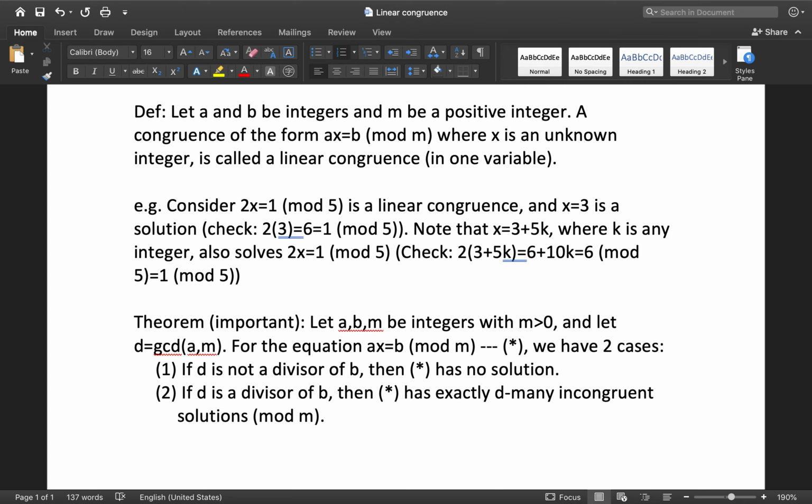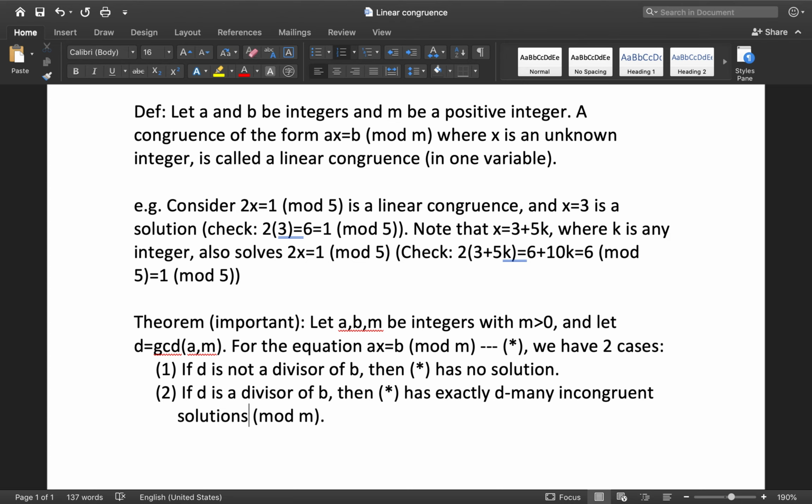So actually that is very similar to the linear Diophantine equation you learned in the previous chapters. Because we learned congruence already, we can consider the problem with respect to congruence of some number. Here we have m. So that's why we can quantify the number of solutions in terms of congruence with respect to that integer m.